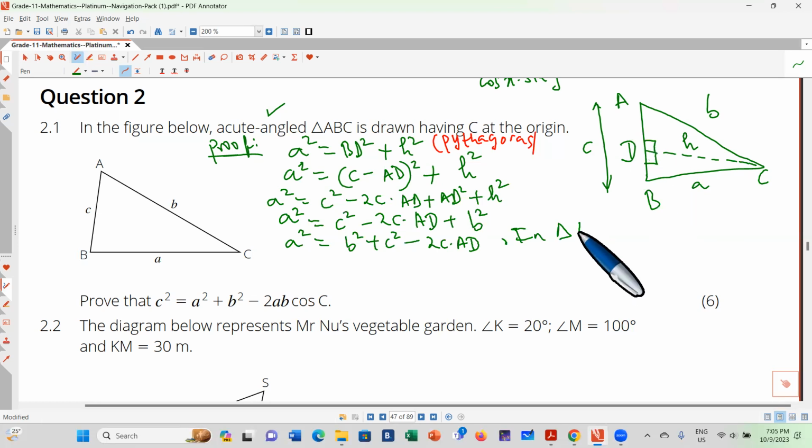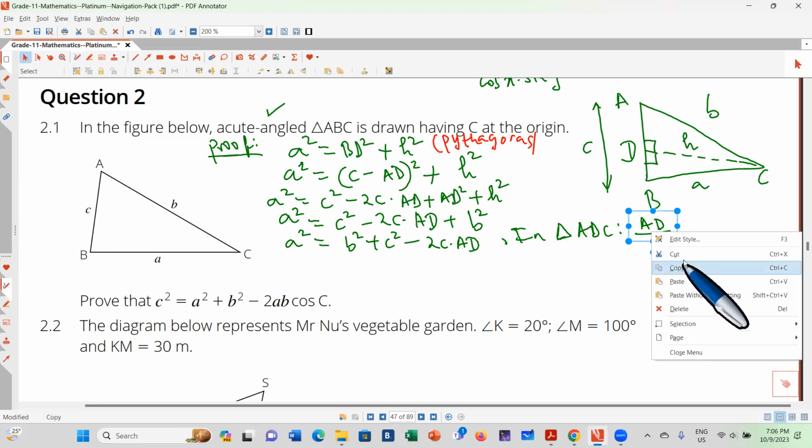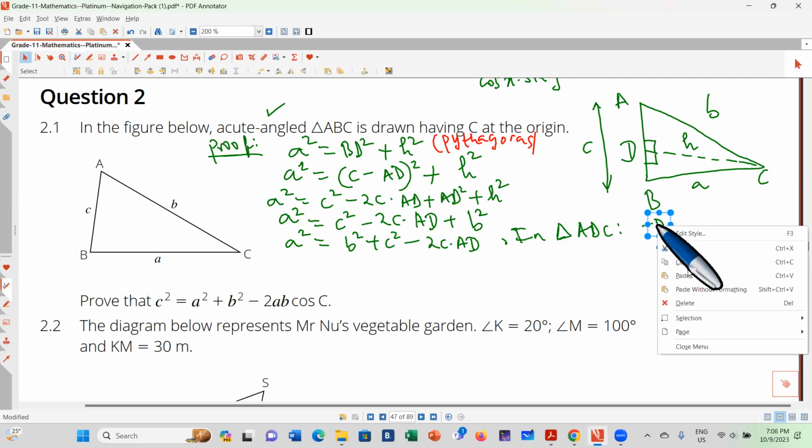So we're going to work in triangle ADC, so that we have AD divided by, we can start like this.